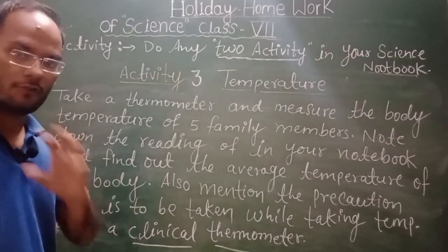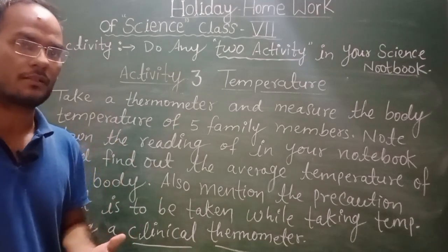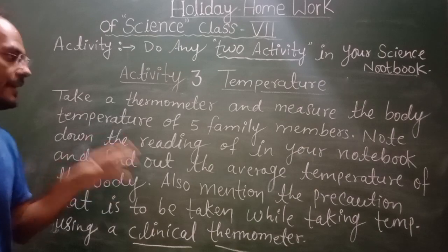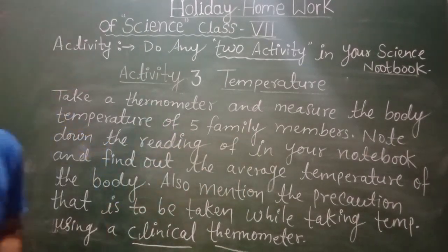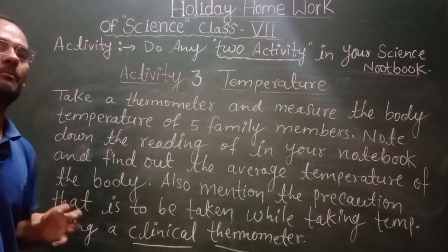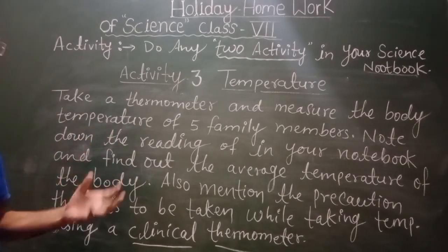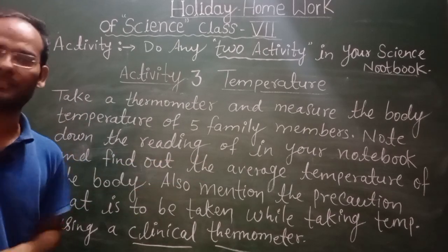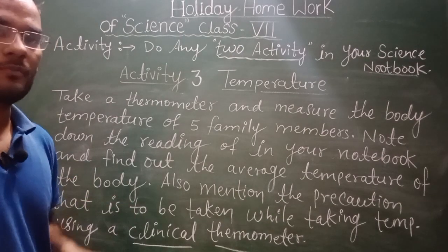Clear? In your family, you have to measure the body temperature of any 5 family members, and note down the reading of that temperature in your notebook. Write down the body temperatures of those 5 family members in your notebook and find out the average temperature of the body. How to find out the average temperature?